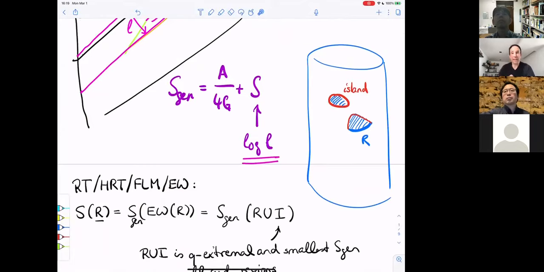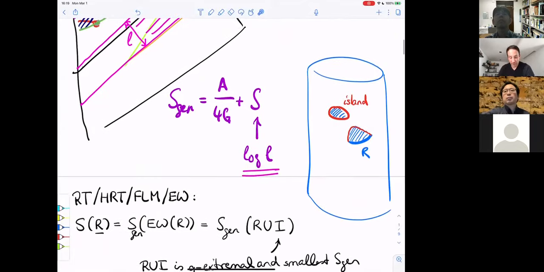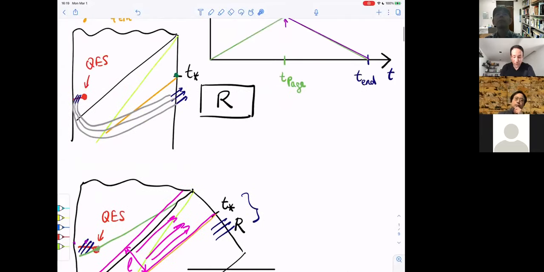Well, surprisingly, that turns out not to be the case in this setup after the Page time. And the reason is naively pretty simple. Suppose that this time here really represents after the Page time. So the Hawking-computed entropy of this radiation is now bigger than the area of the black hole.